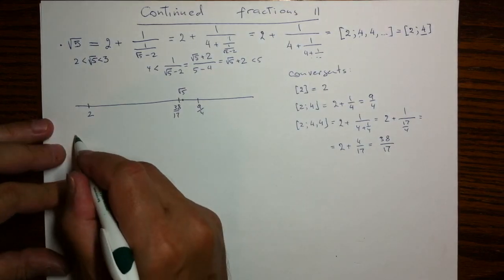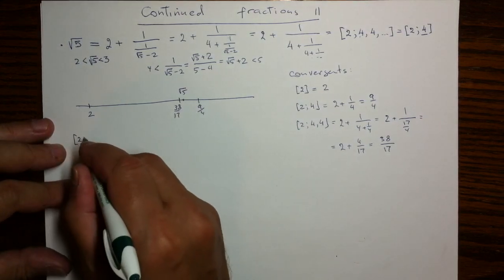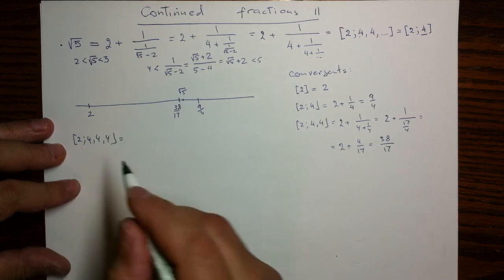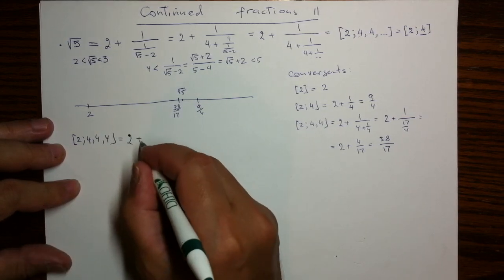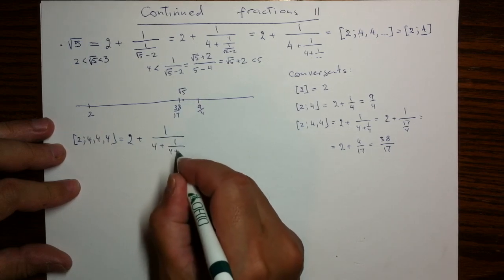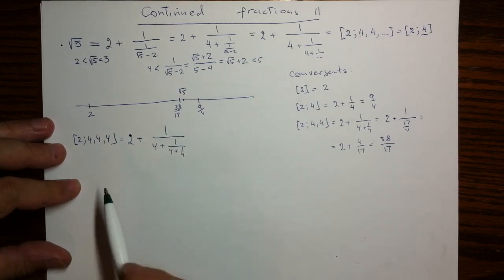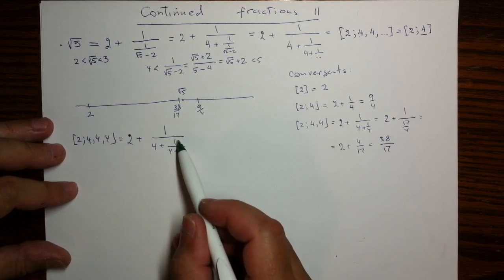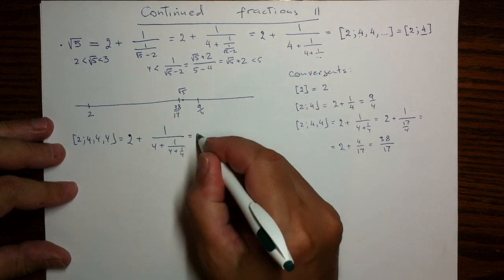Let's compute one more convergent, and that is going to be 2 plus 1 over 4 plus 1 over 4 plus 1 over 4. So we have computed this bit. That was 4 over 17.